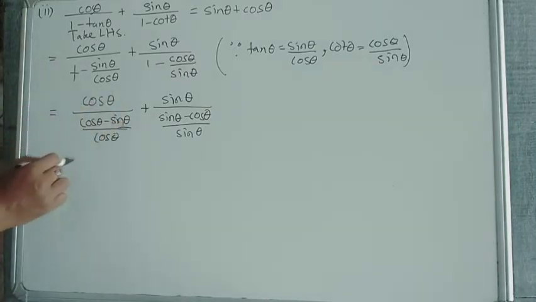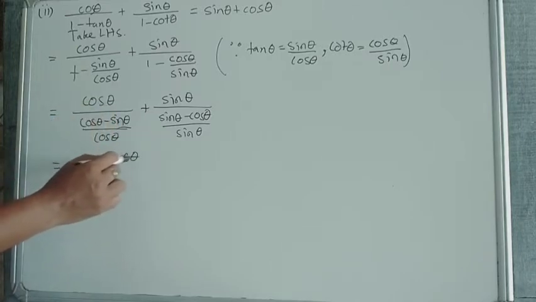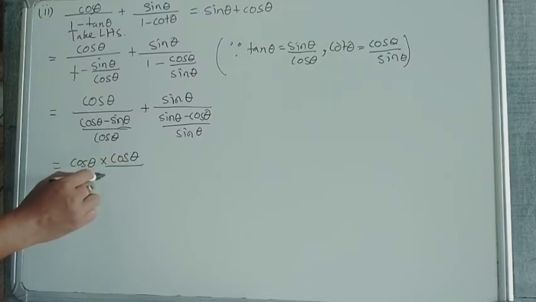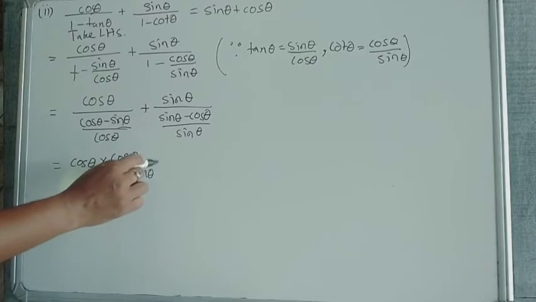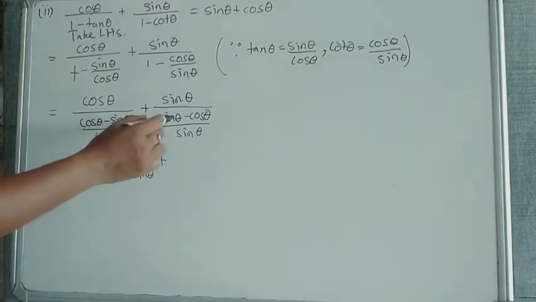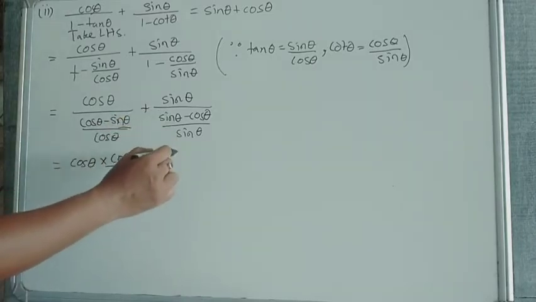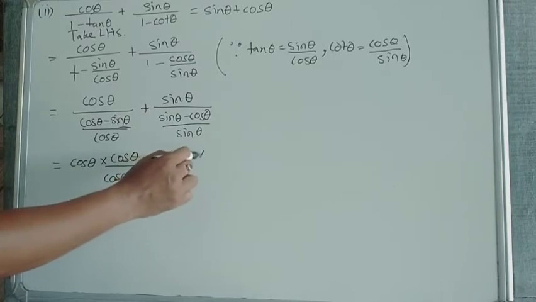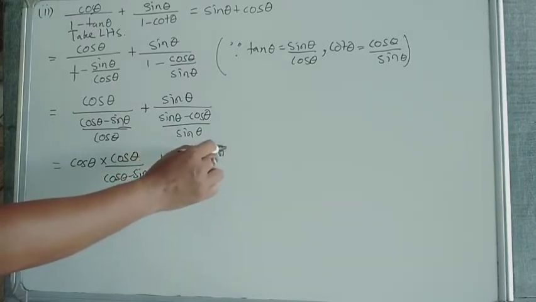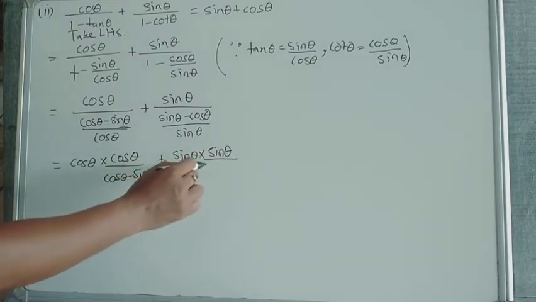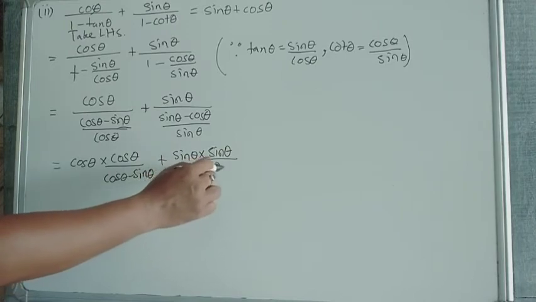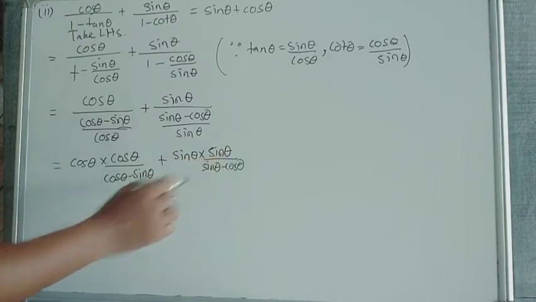Reciprocal them. So cos theta into cos theta by cos theta minus sin theta, plus this side we will reciprocal them, sin theta into sin theta by sin theta minus cos theta.